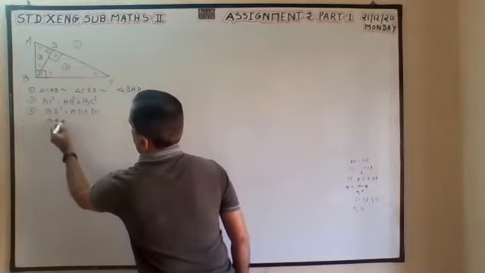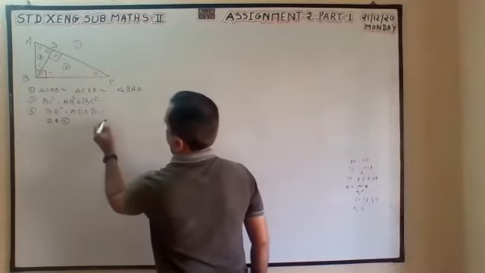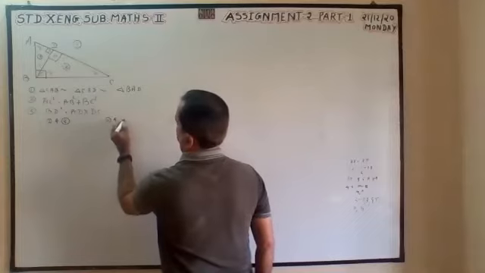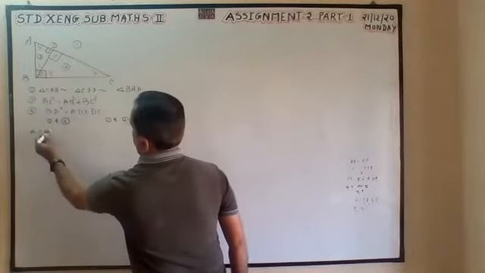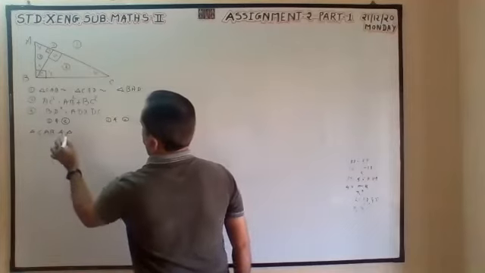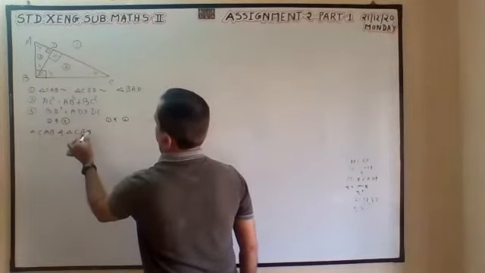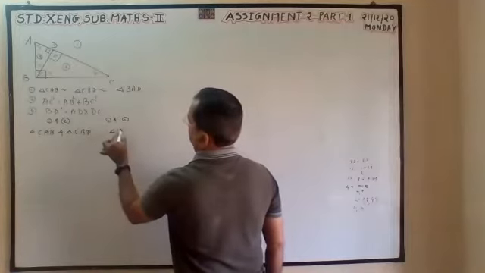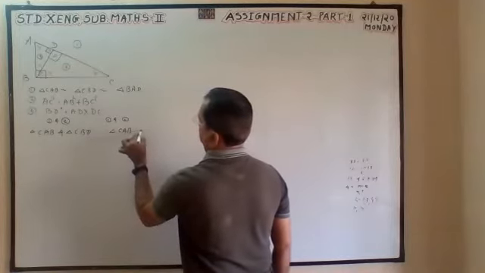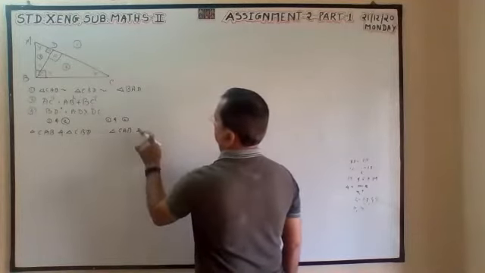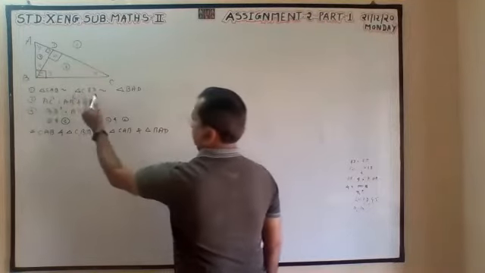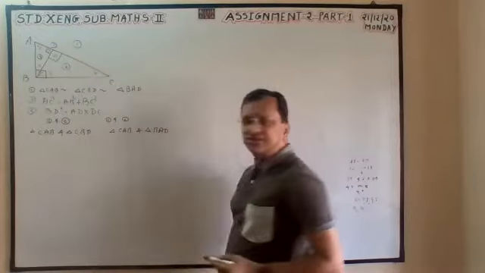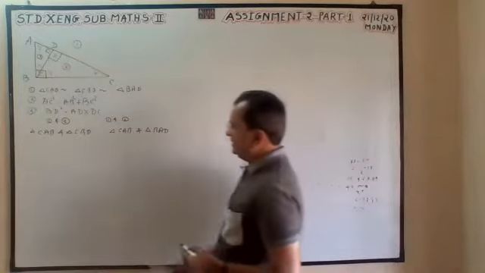So first and second, first and third. Which triangle first? CAB. Second, CBD. Third, BAD.